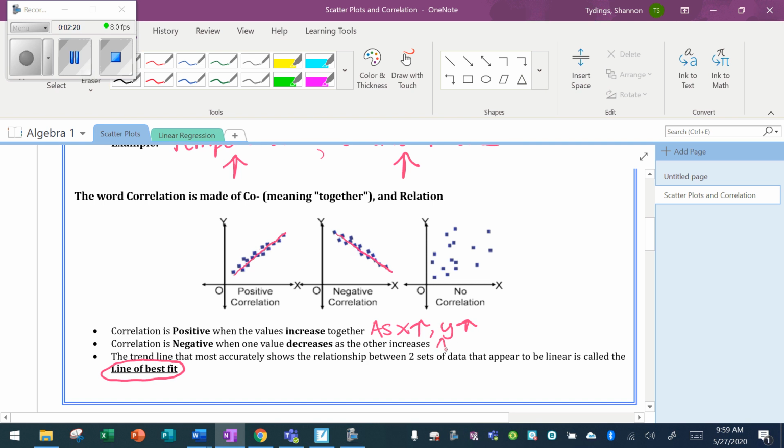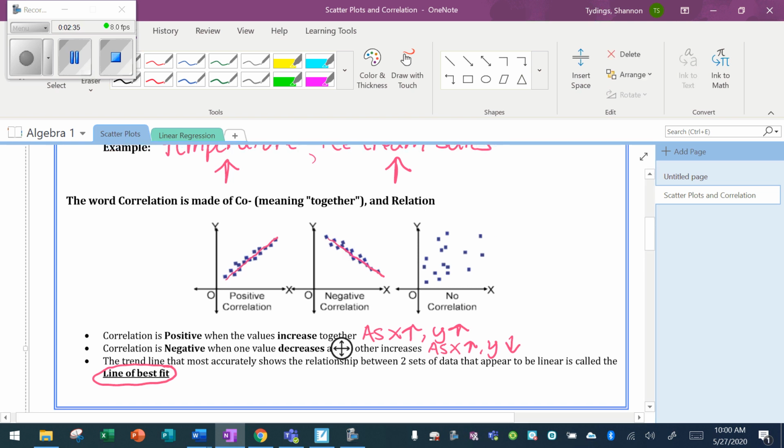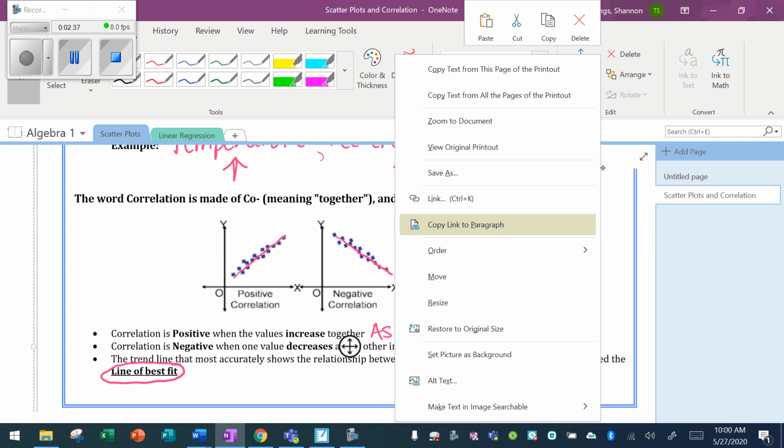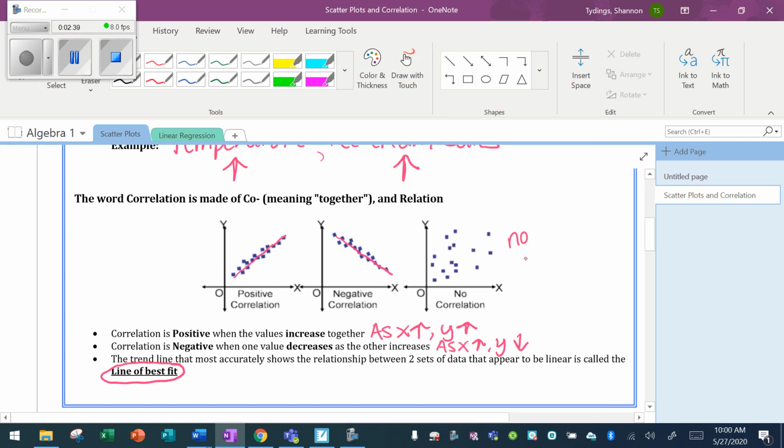As your X values increase, now your Y values are decreasing. That's that negative relationship. And if you look at this last scatter plot, you can see that there's no correlation between them, and there's really no line of best fit that accurately describes what's going on.